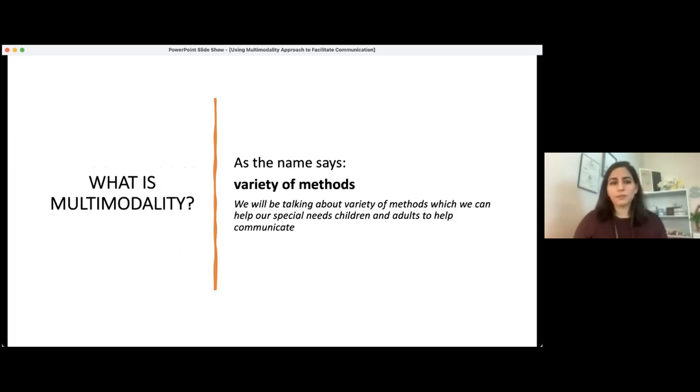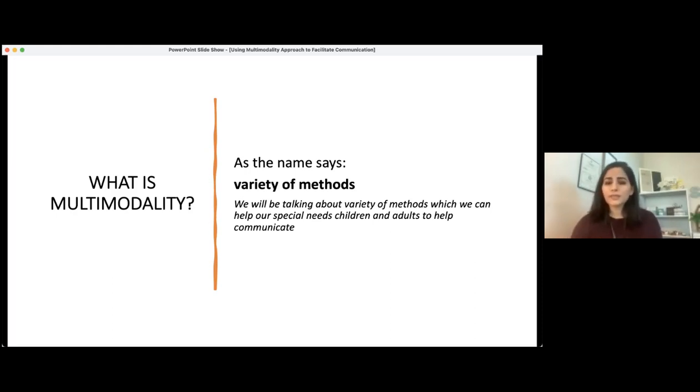As the name says, multi means a lot, a variety, and modality means the methods. So basically, different methods of approaching a certain task. To me, it's a concept on how you can approach a task, learn things, present things, or communicate, which in this presentation is going to be mainly about how we can facilitate communication, teaching them communication, and having them express themselves using this concept.